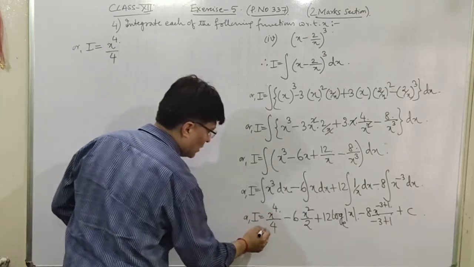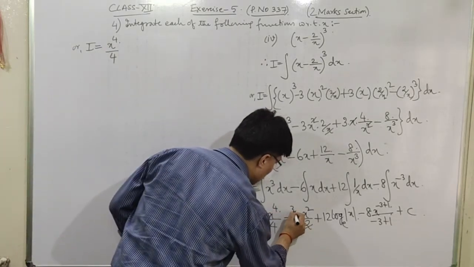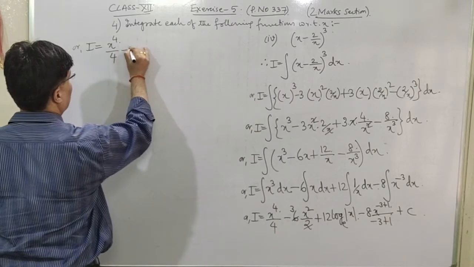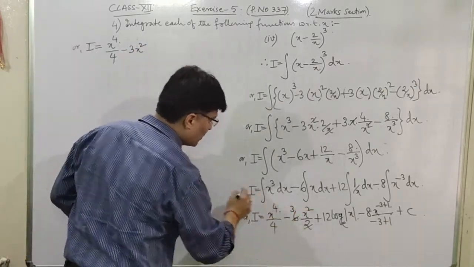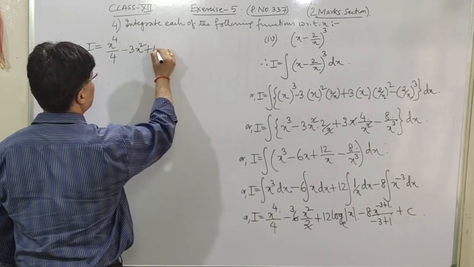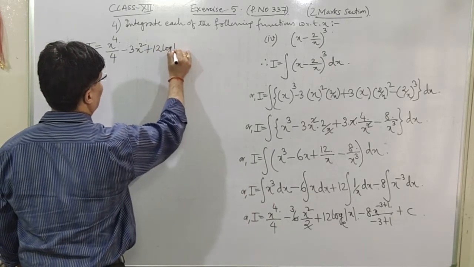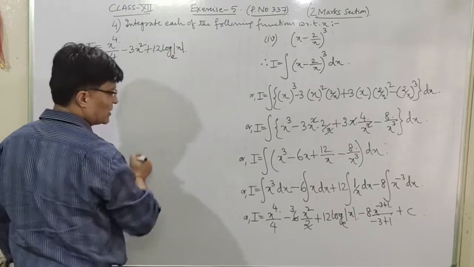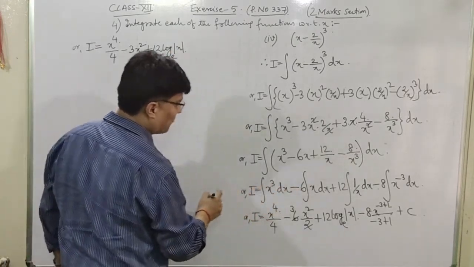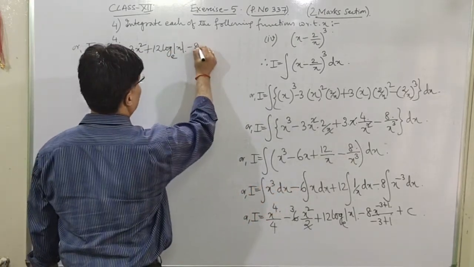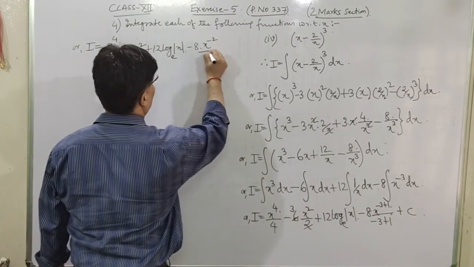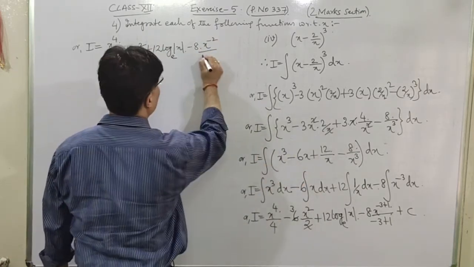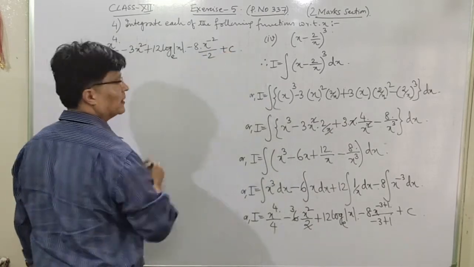Next, you can cancel it. 2 1s are 2, 2 3s are 6, minus 3x square, plus 12 log x base e, then minus 8 into x to the power minus 2 divided by minus 2, then plus c.